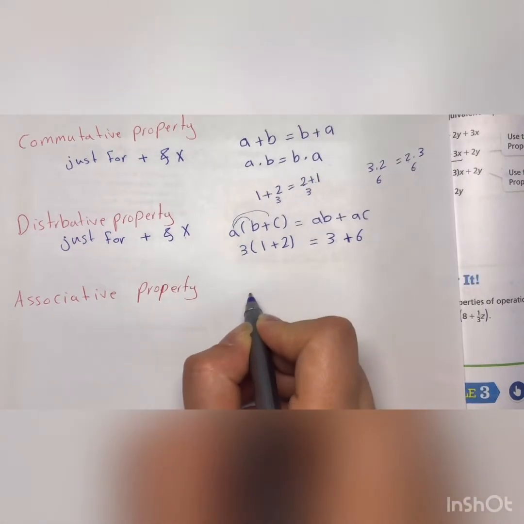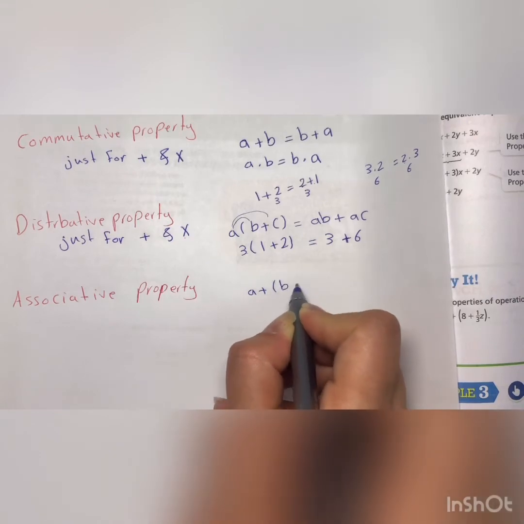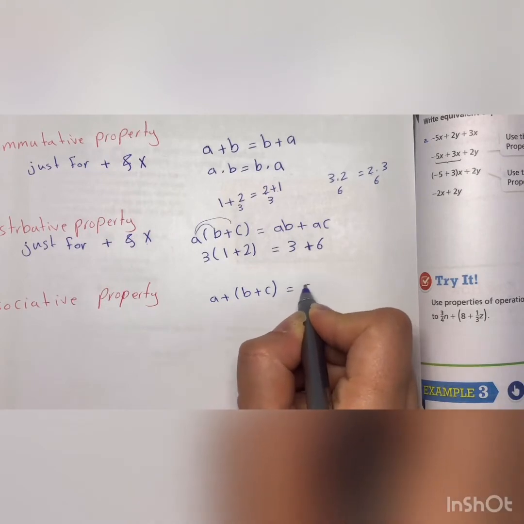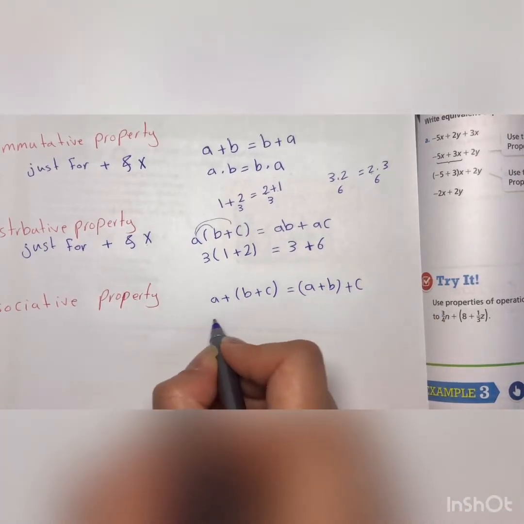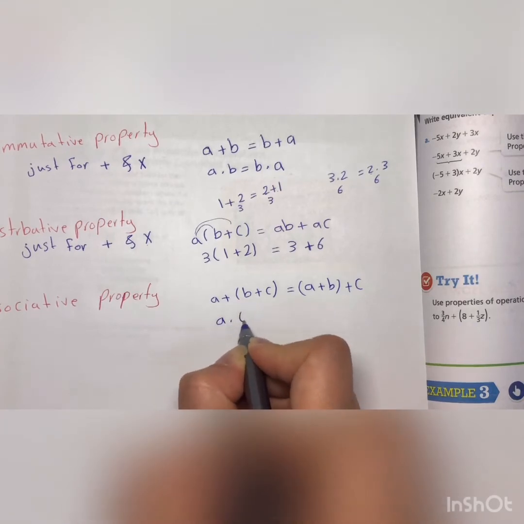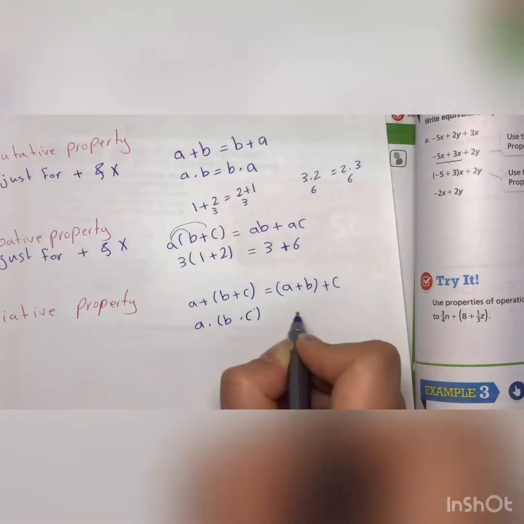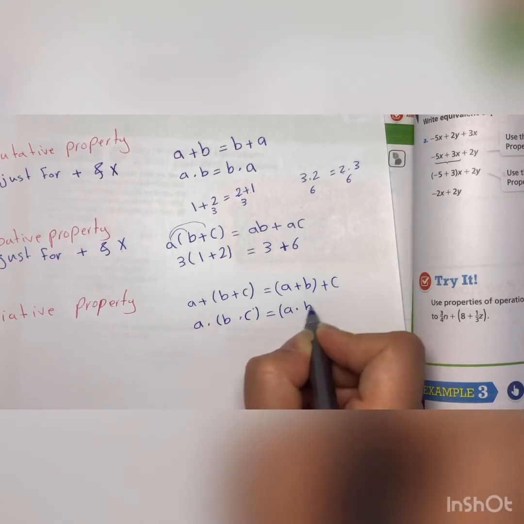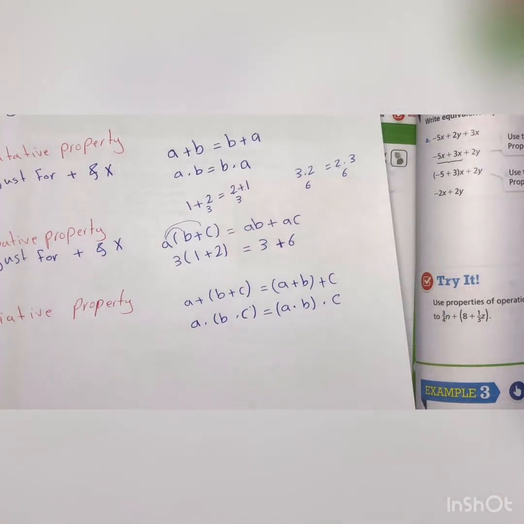If I have A plus B plus C, I can write this as A plus B in parentheses plus C. Or for multiplication, if I have A times B times C, I can write A times B in parentheses times C. That's the associative property.